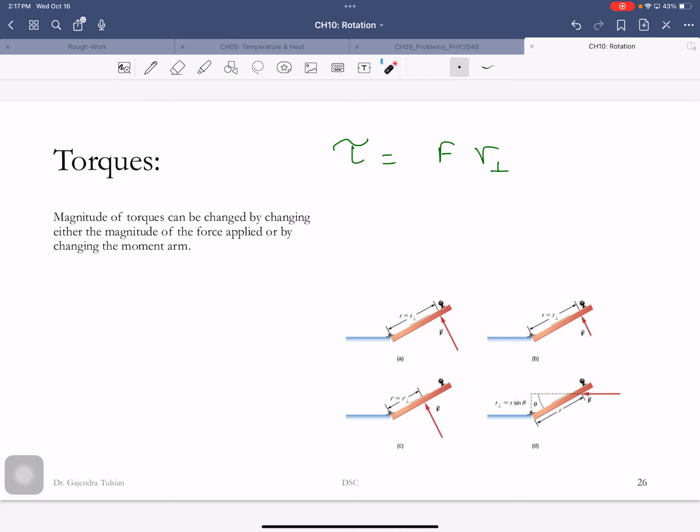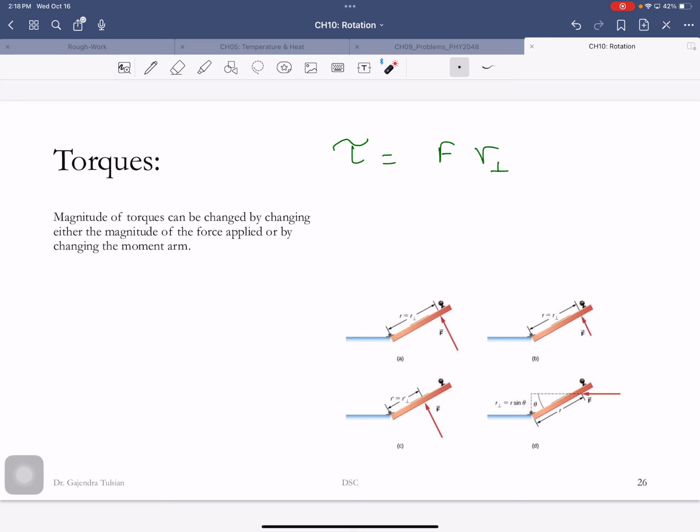Okay, so for instance, in these two cases, the forces are the same, but here the moment arm is greater, the torque is greater. Okay, moment arm is smaller, torque is smaller. Okay, and in this case, again here, if you apply a force in this direction, there's the moment arm, and that's a small moment arm, and the torque will be less for this guy.